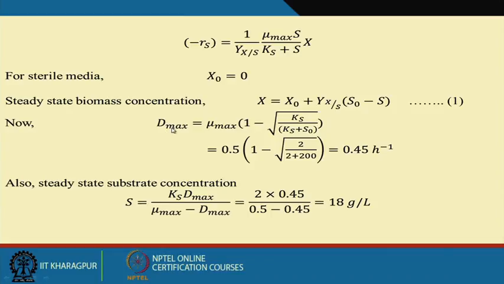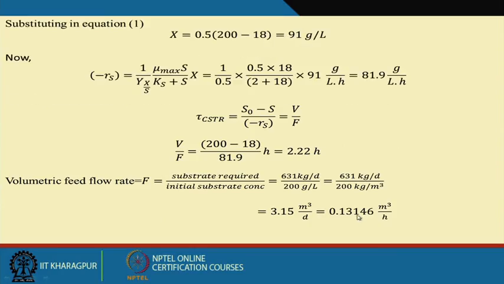D max is the dilution rate at which we get the maximum rate of cell mass growth. At that condition we find the substrate concentration and the cell mass concentration, and from that we find the minus RS value, the rate of substrate consumption. This comes to about 81.9 gram per liter per hour, and from that you find tau CSTR, the space time, which is 2.22 hours.